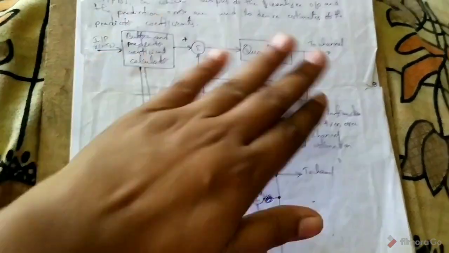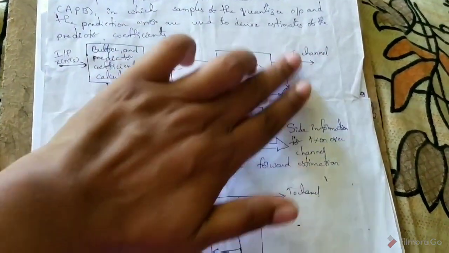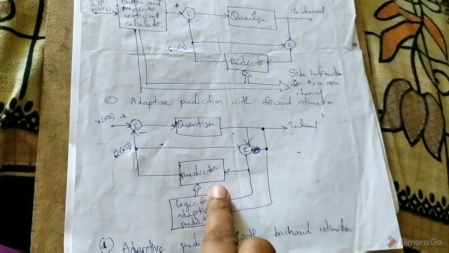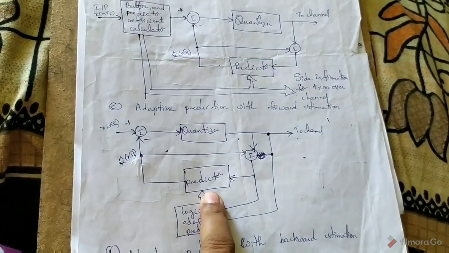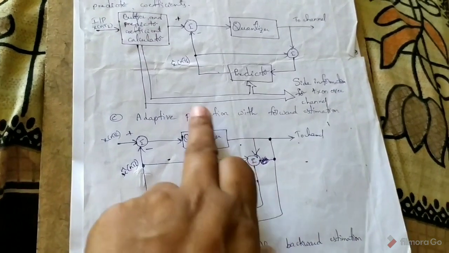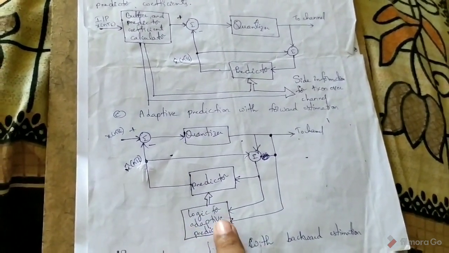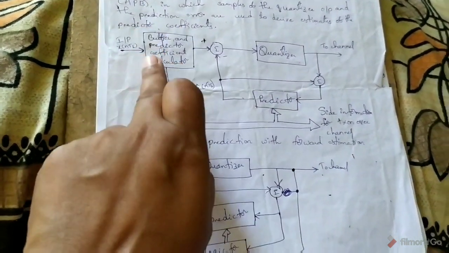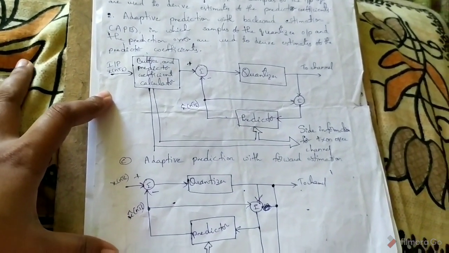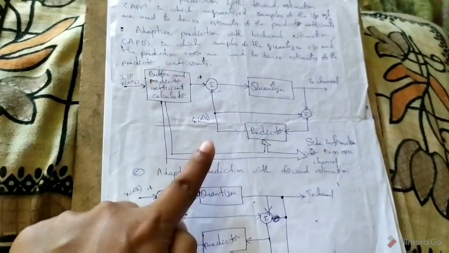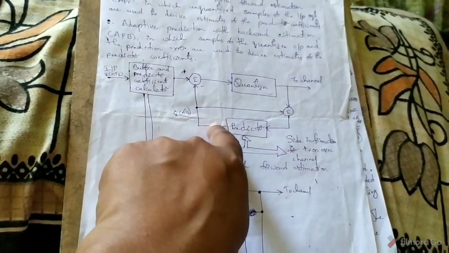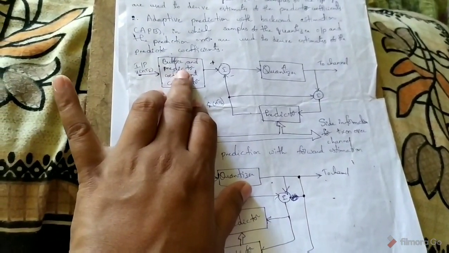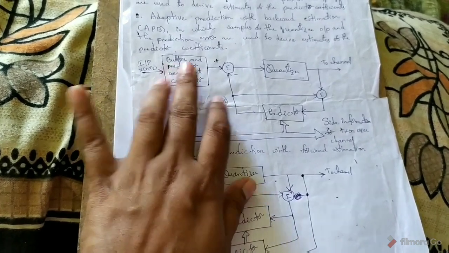This is a similar diagram to prediction DM, and here also this is DM. This is the extra logic for adaptive prediction. Here also buffer and predictor coefficient calculator. So if they ask for ADPCM, you should explain about this, which is related to the DM, and about this predictor coefficient calculator and buffer.